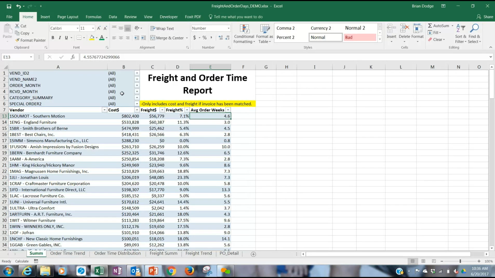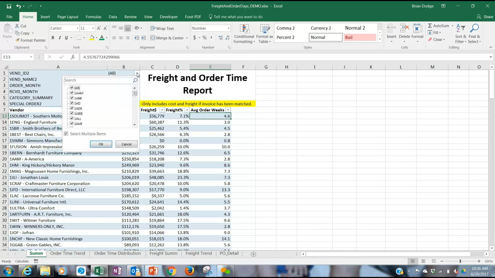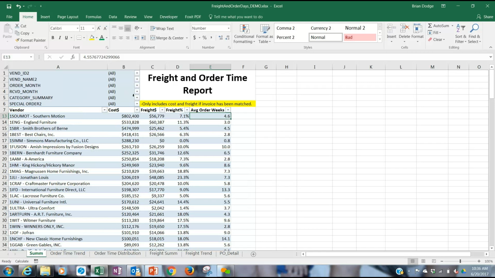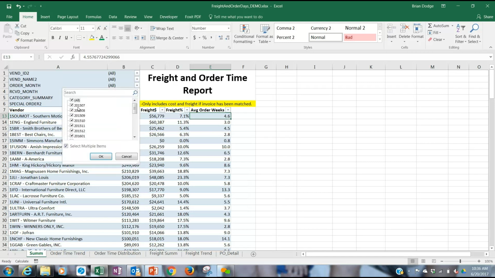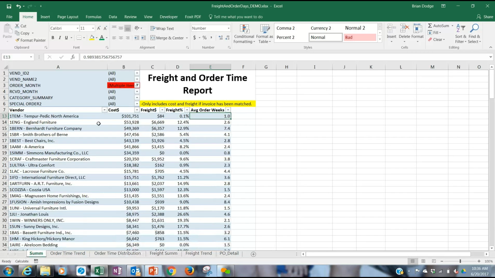You can look at a specific vendor here with this pull-down list. From a timeline standpoint, this goes back a full year, so 365 days. If we only want to look at the last couple months, this is in March, so we can just select the last couple months here, and it gives you a new list.